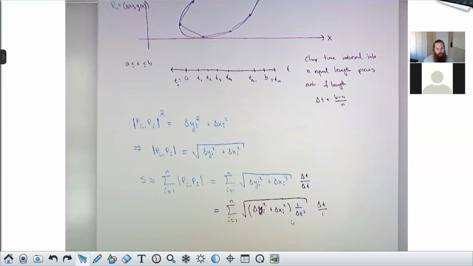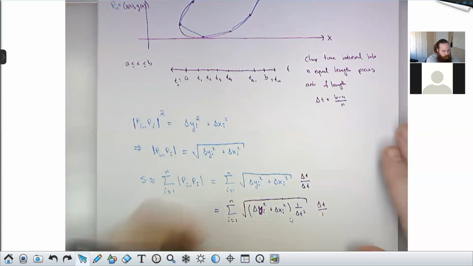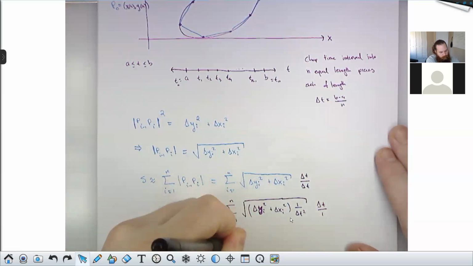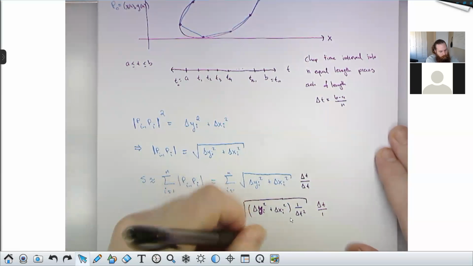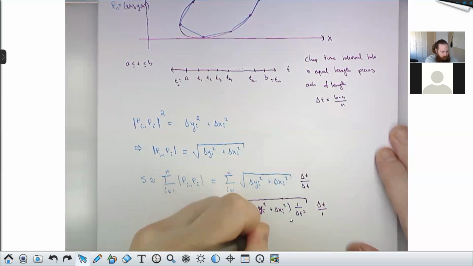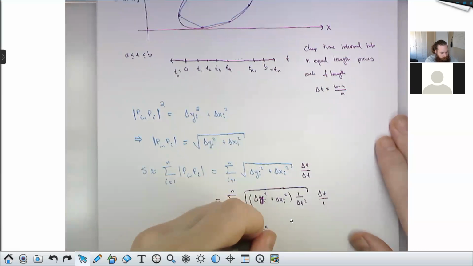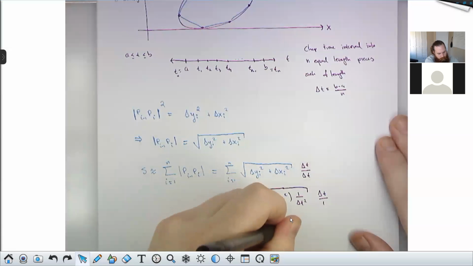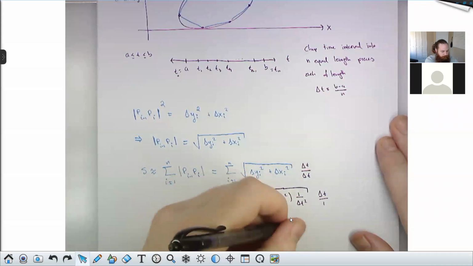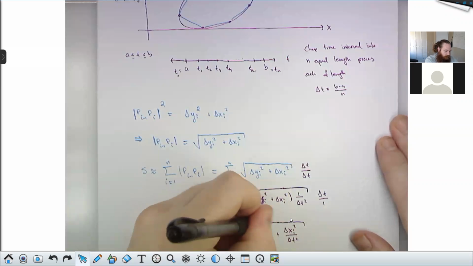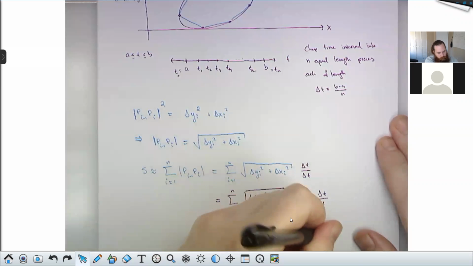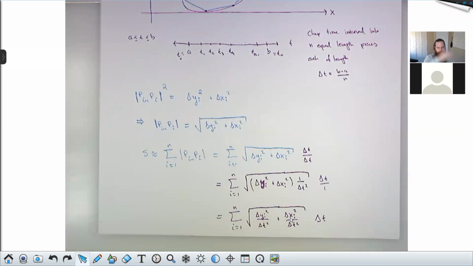And then I'll distribute this over these two things, giving me the sum from i equals 1 to n of the square root of delta y_i squared over delta t squared plus delta x_i squared over delta t squared, with a delta t over 1, which is just delta t, left on the outside. And now this does start to look like a Riemann sum.